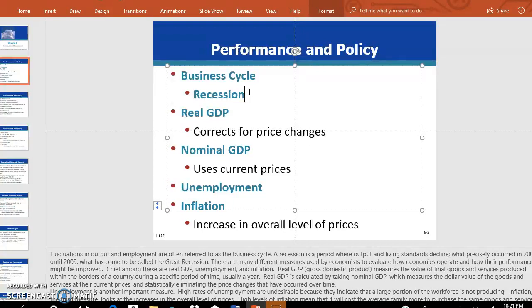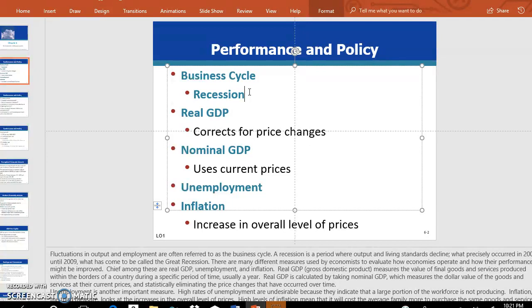One is the expansion phase. When the economy is growing, the size of GDP is getting larger and larger, and the GDP growth rate is positive. And the other part of the business cycle is recession. This is where GDP is decreasing, GDP growth rate is negative, and when there is recession, output will decrease, and then businesses will find it difficult to sell their product, so they will employ fewer workers.